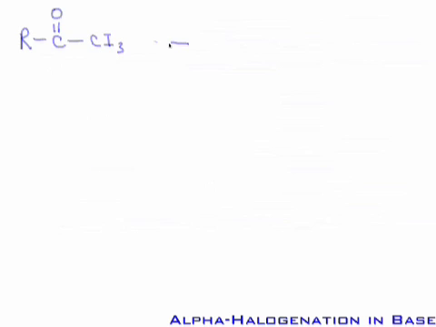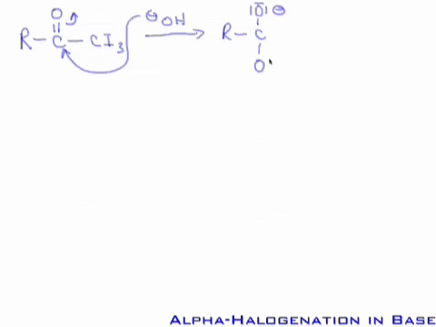Now you have to remember this whole reaction happened in base, so we have hydroxide around, and hydroxide's not just a base, but it's a nucleophile. I could form this. So we have RCO minus, OH, CI3.